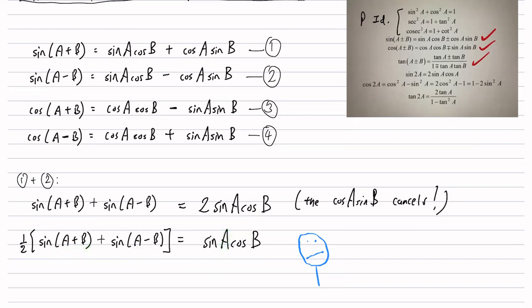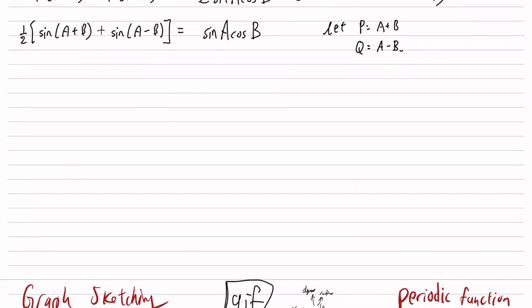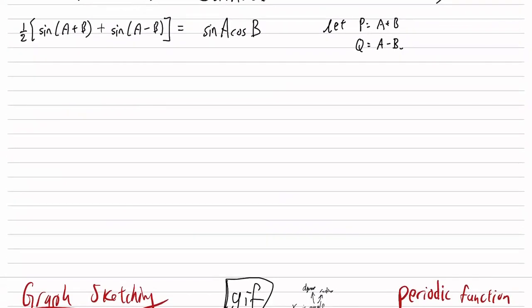There's a special relationship. If I do a simple substitution, like let's say I let P equal A plus B, and I let Q equal A minus B, I can do something funny to it. Okay, let me just demonstrate. I just need this updated formula. If P equals A plus B and Q equals A minus B, we can do the following.